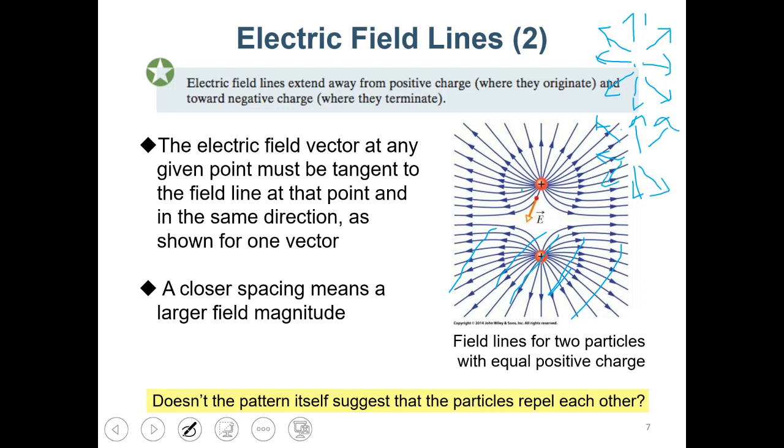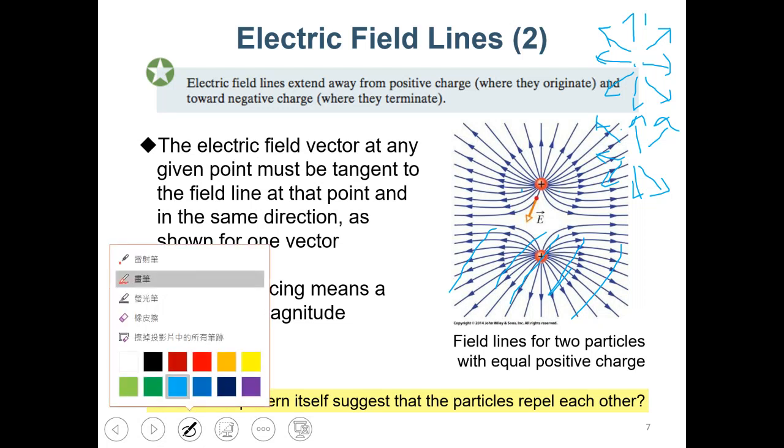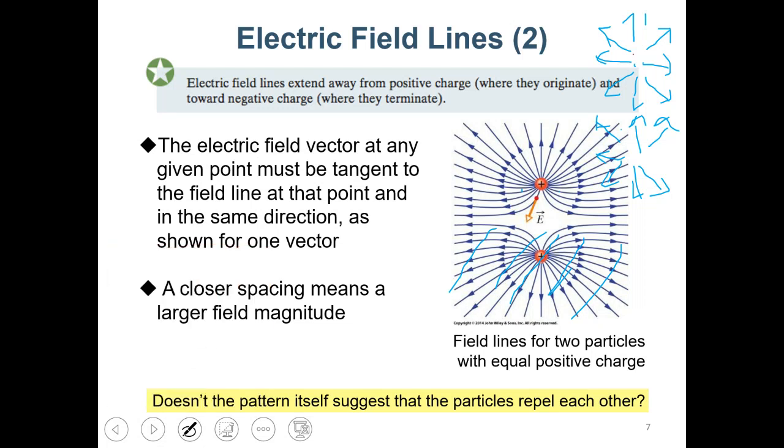But of course, for this charge, the E field it generates here is weaker than here, and it will be even weaker like here. So it will have a weak influence on the total E field here. So you can try to understand it like this.